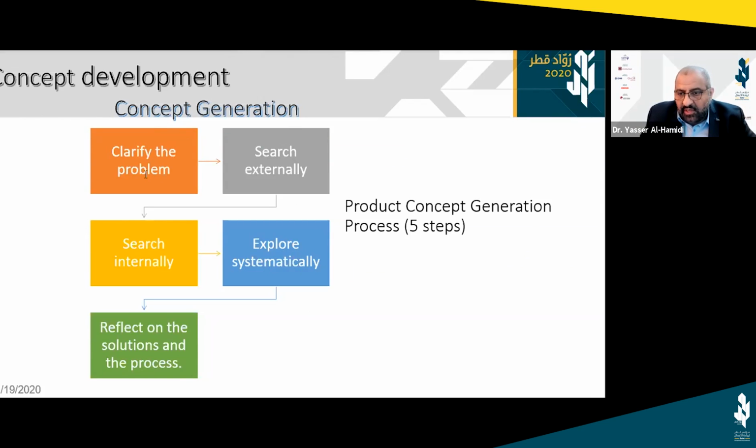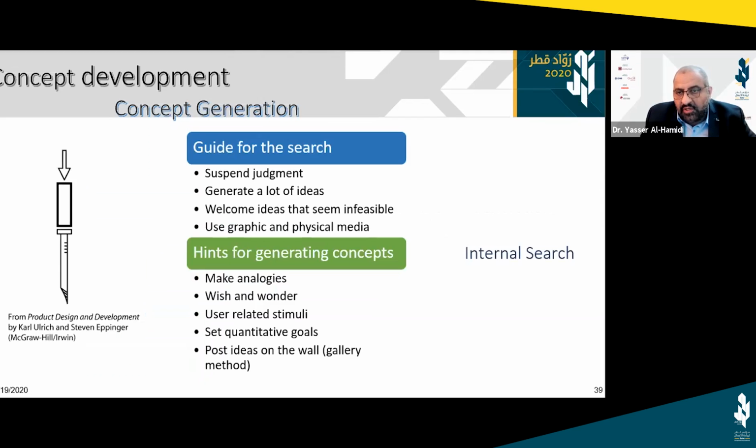We try to understand, we search externally, we search internally, and so now we are talking about how to search internally, and this is simply brainstorming. Most of us really are aware of how to conduct brainstorming sessions, how to make sure you don't criticize at early stages, how to make sure you let others explain their ideas, and then you try to improve these ideas.